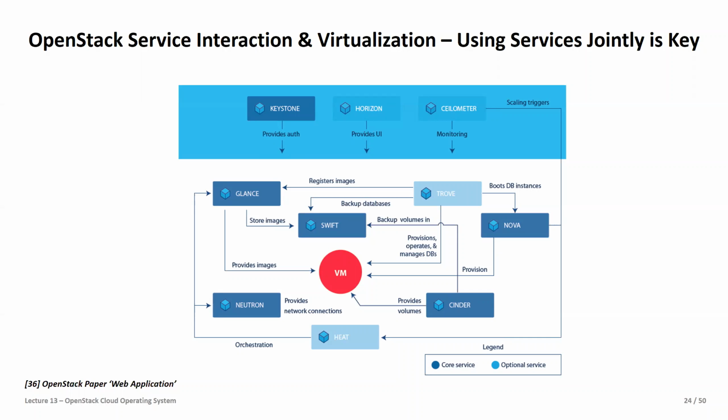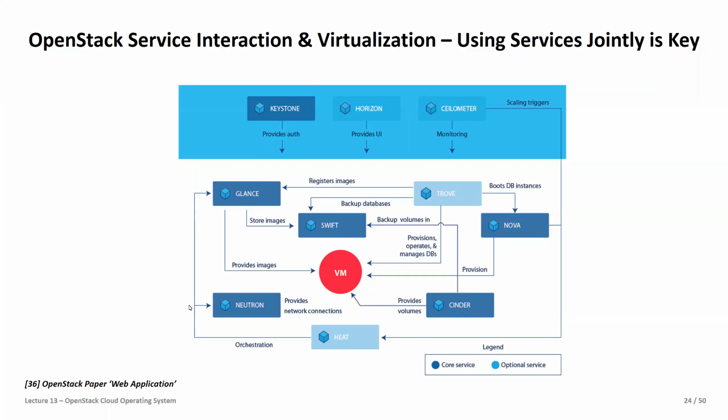So it can be a web application, an application for big data that incorporates this master-worker design we talked about in MapReduce, or an e-commerce platform. All of these are already given. And all of them have in common the key strategy of OpenStack, which is to use all of these different services together. Not all of them at the same time, but they are tuned for each other.